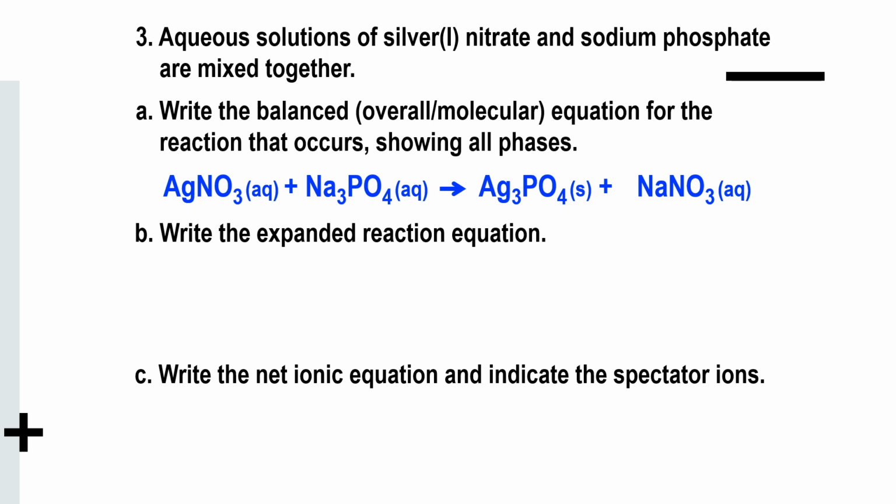Okay, now we're going to expand our ions. Oh, we're actually going to balance the chemical equation. So now we're going to put 3 silver nitrate with 3 sodium nitrate, and this way we can balance the correct quantity of the silver and nitrate. Remember, if you want to have multiples of your polyatomic ions, for example, your nitrate or phosphate, you want to put a parenthesis over the entire PO4 and then put the quantity.